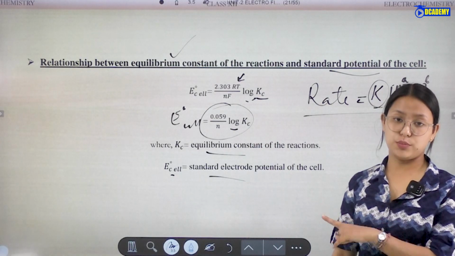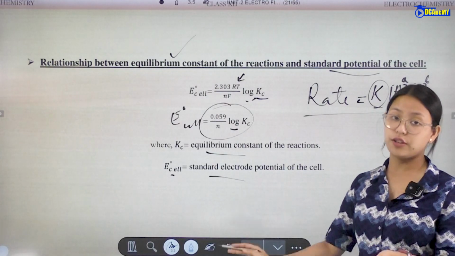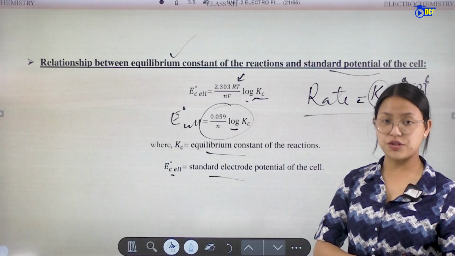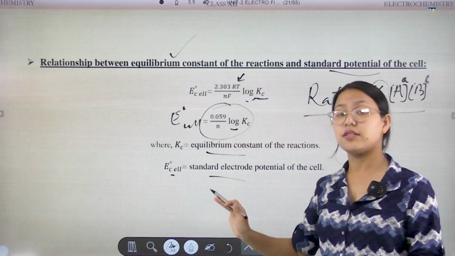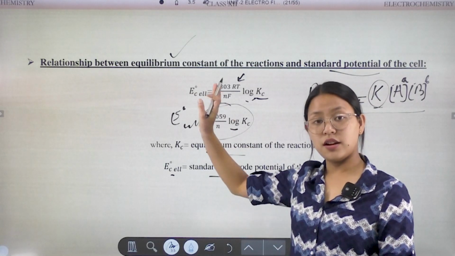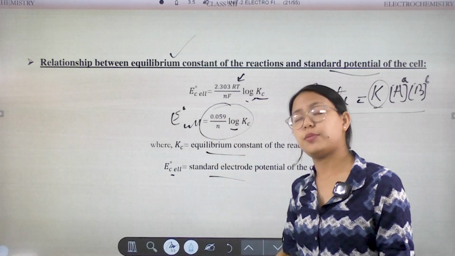So that Kc is the equilibrium constant and E naught cell is the standard electrode potential. So this is the relation between standard electrode potential and equilibrium constant.